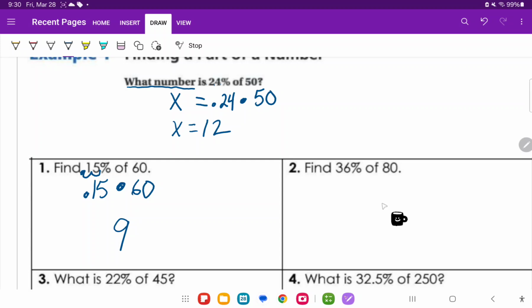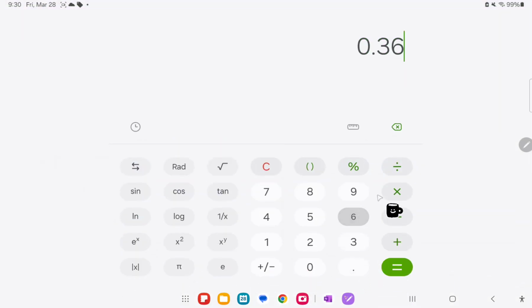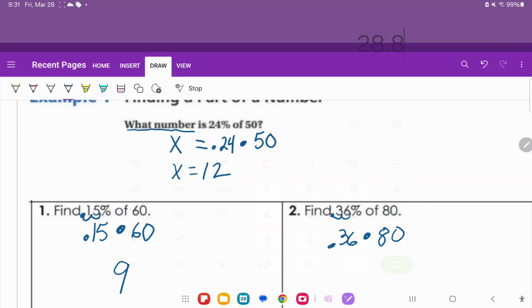Why don't you do 2 through 4 on your own real quick. On number 2, we'll move the decimal 2 places, 1, 2. So that's 0.36 times 80, which is going to be 28.8.